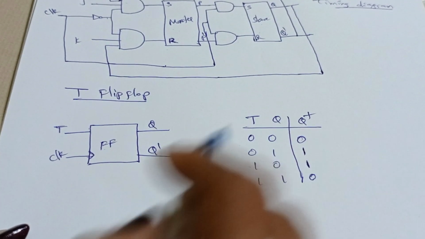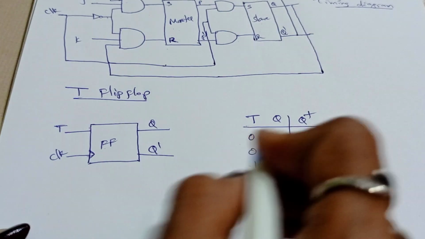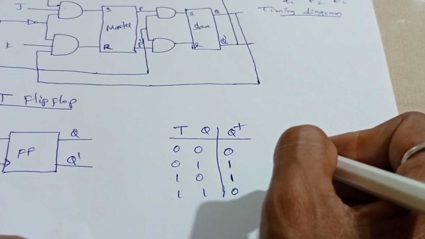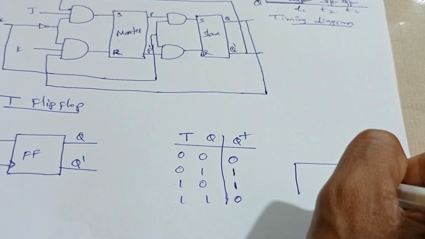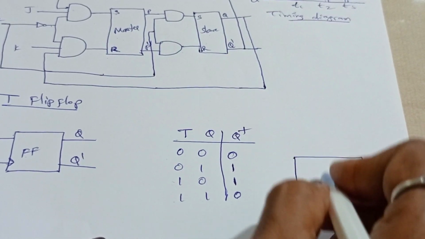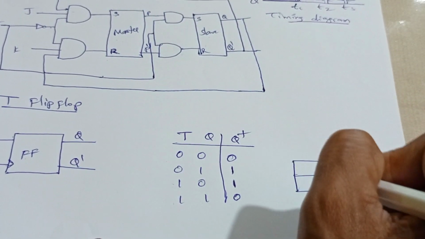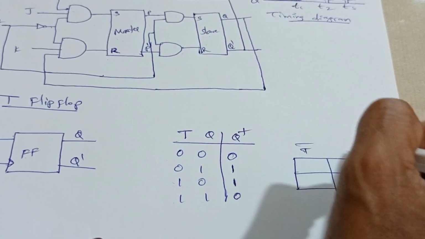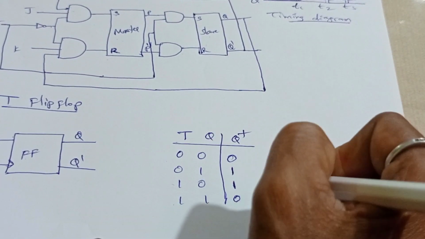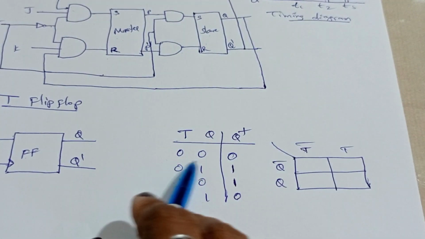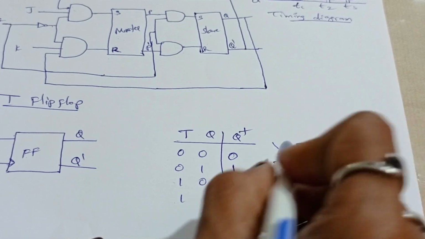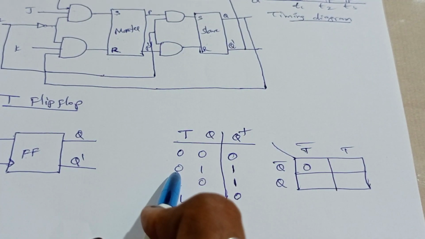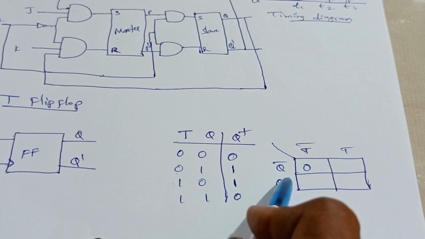By using this, now we'll find out the characteristic equation. Using T bar, T, Q bar, Q: when T is 0, Q is 1.